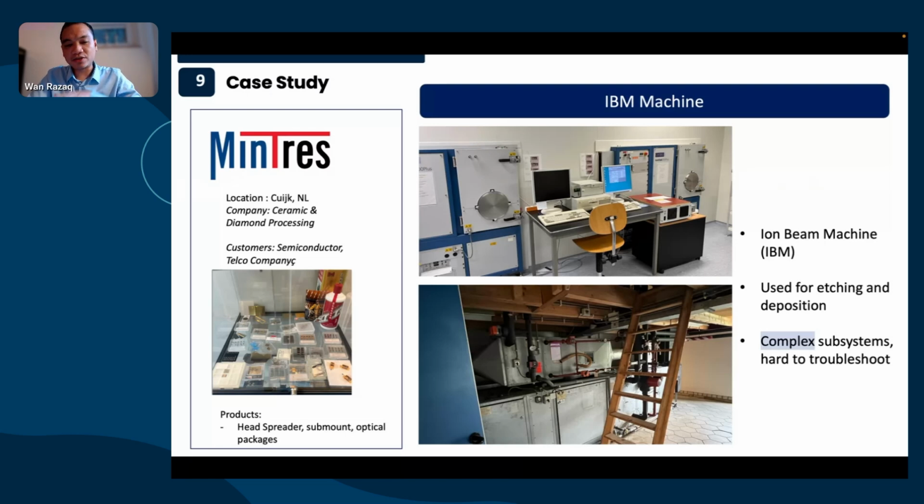As you can see in the bottom left of the slides, there are examples of the products that they are producing. They are small components used in electronic devices and telecommunication devices, products such as heat spreaders, sub-mounts, optical packages, and so on. Basically, electronic components such as in fiber optics, I would say, in the telecommunication industries.